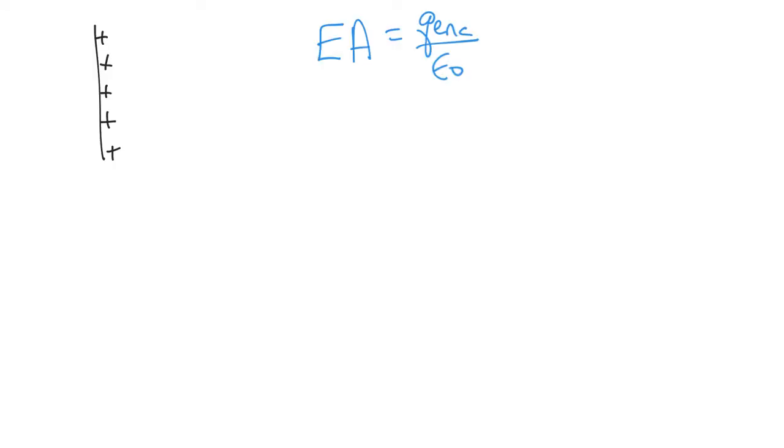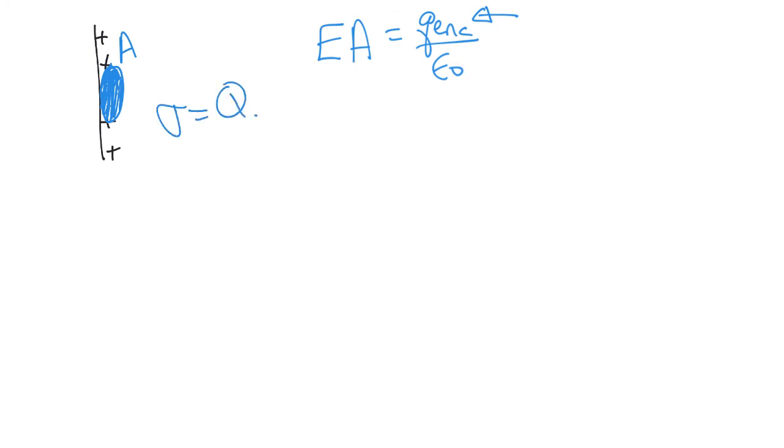So here we are. We have an area right here that contains a certain amount of charge, and we want to know how much charge is enclosed in that area. What do we know?